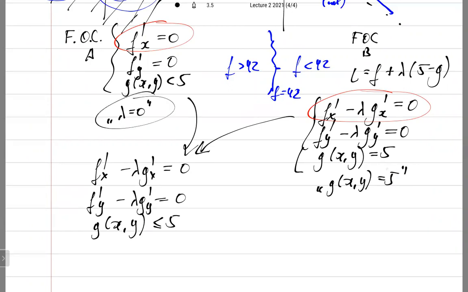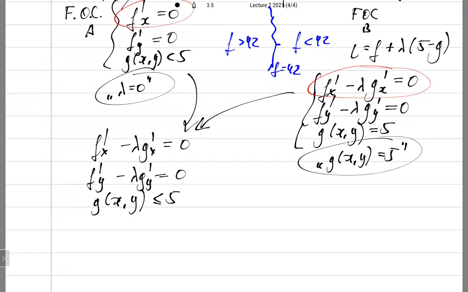So I have two cases, and to combine them in one case, I will write lambda times (5 minus g of x, y) equals 0.